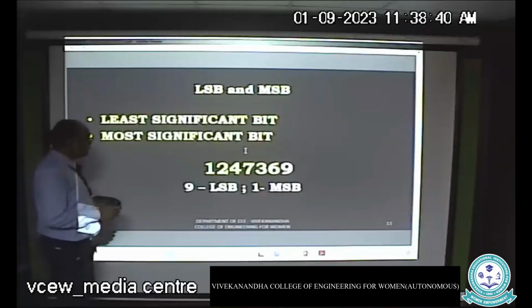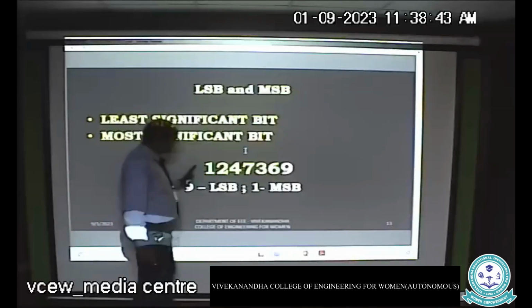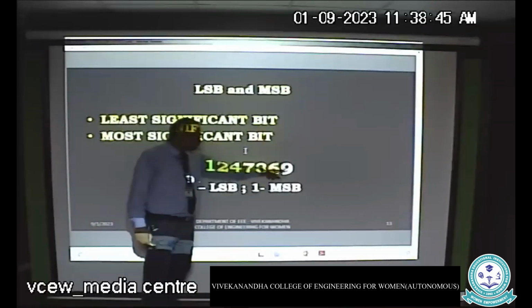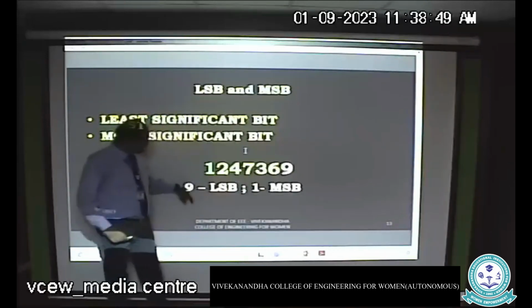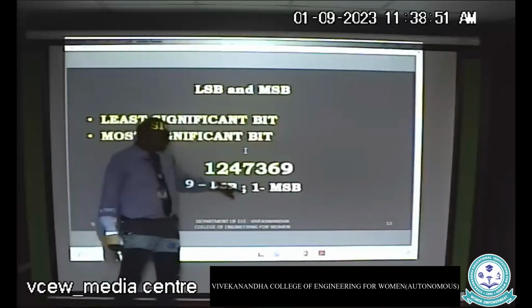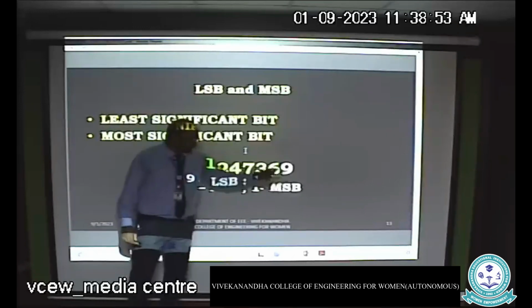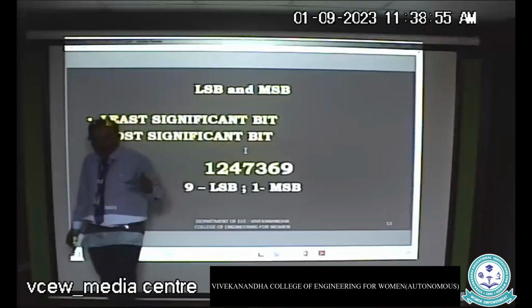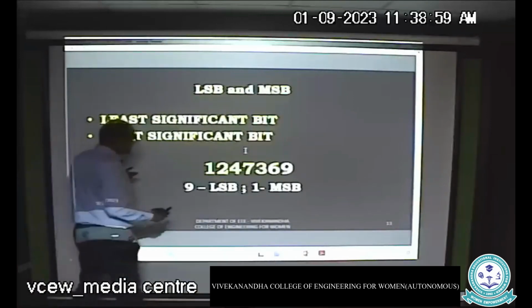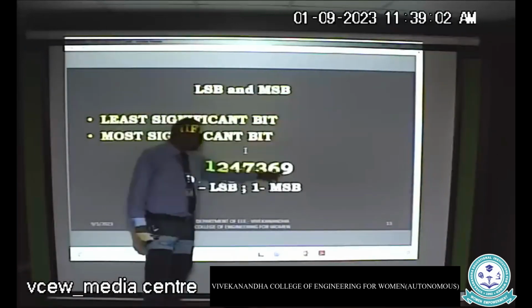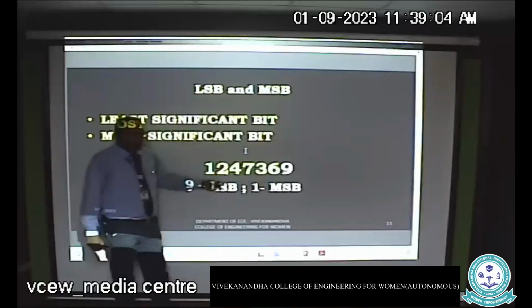The least significant bit will be on the rightmost corner, 9. 9 here is the least significant bit. Why? Because 9 has the least weightage given in this digit. So the digit which has the least weightage will be called the least significant bit.